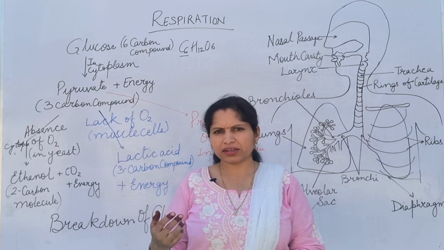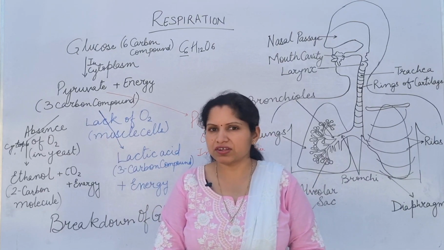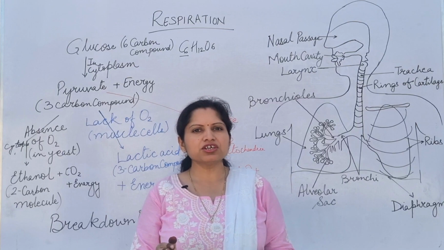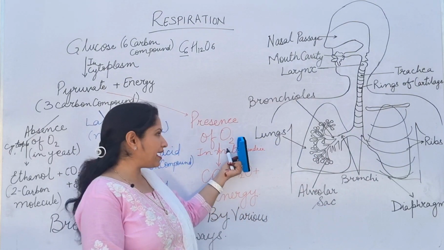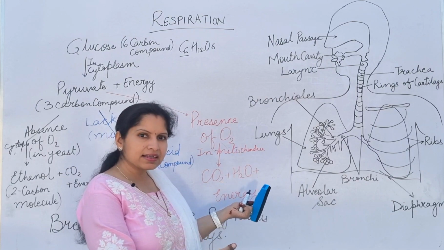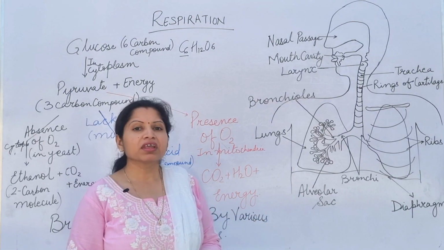Okay, now let's quickly revise the difference between aerobic and anaerobic respiration. Aerobic respiration is a type of respiration that takes place in presence of oxygen, as in human beings, plants, and higher animals like cat, dog, elephant, all.